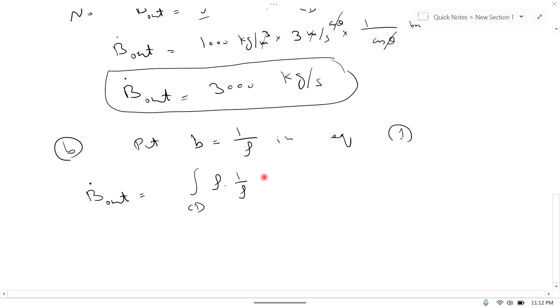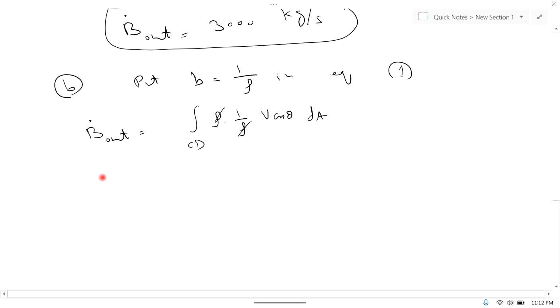We know that V dot n is V cos theta, the dot product normal to the surface. So rho and rho will be cancelled, and b dot out will be equal to V cos theta, and the integral of dA is equal to the area of CD.